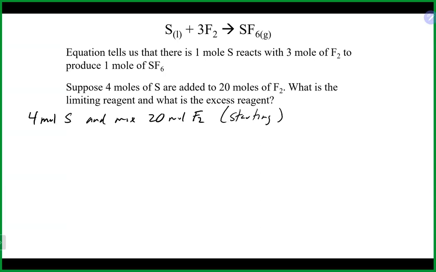So here's the deal. First off, this is how we know that this is actually a limiting reagent problem. And we know it because we are given enough information to figure out the moles of each reactant. So that is a clue to you that if you are given, whatever the units may be, enough information for your 2 reactants to figure out moles, then it is a limiting reagent problem.